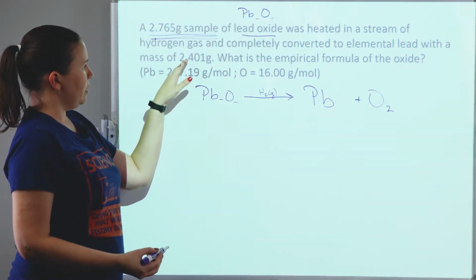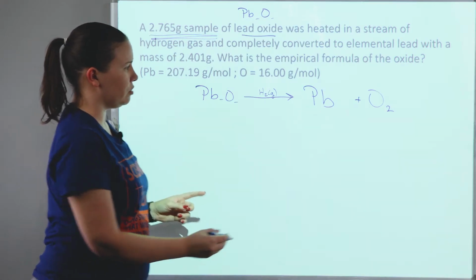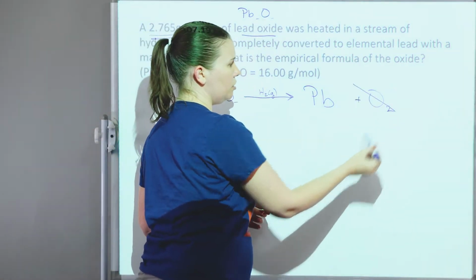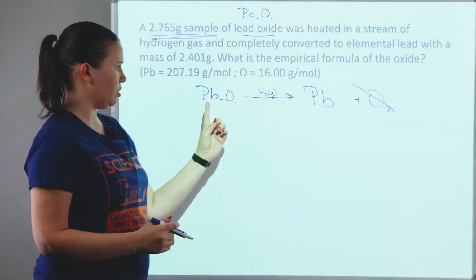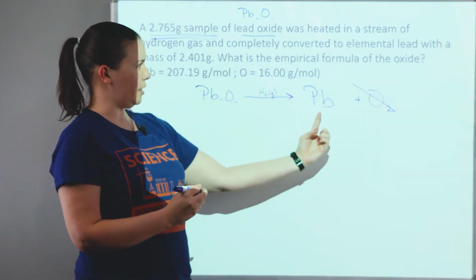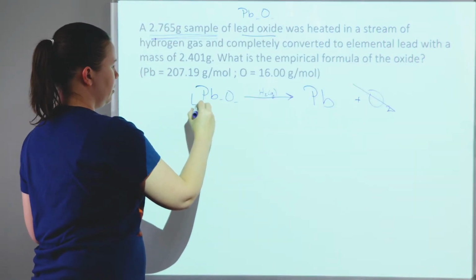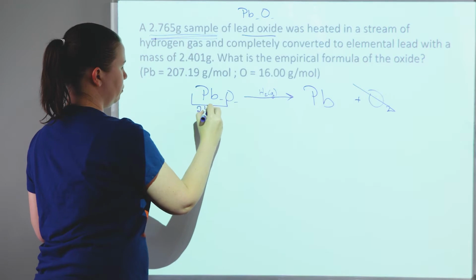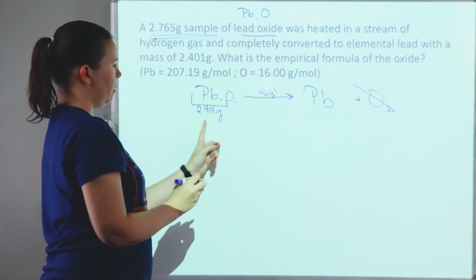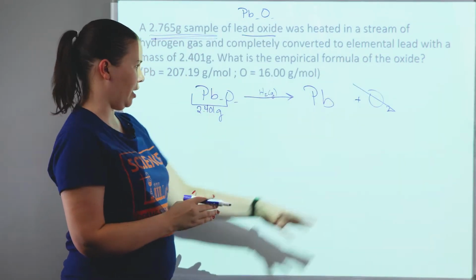What it gives me is the mass of the experimental lead. It doesn't talk about the oxygen because it can get a little tricky if you start thinking about diatomic oxygen. What I can tell, because it isolates into solo lead, is that however much lead this was, in this case 2.401 grams, would be the same mass of lead in the end.